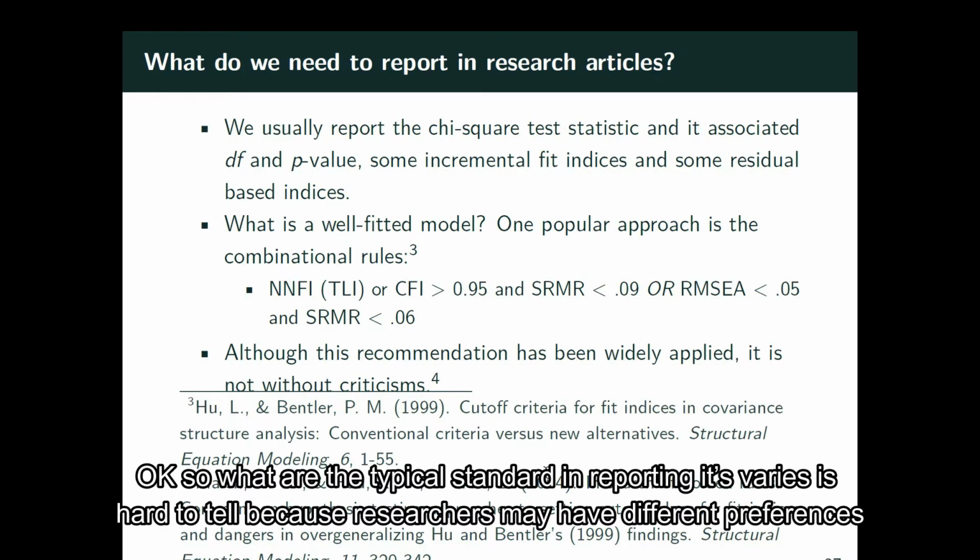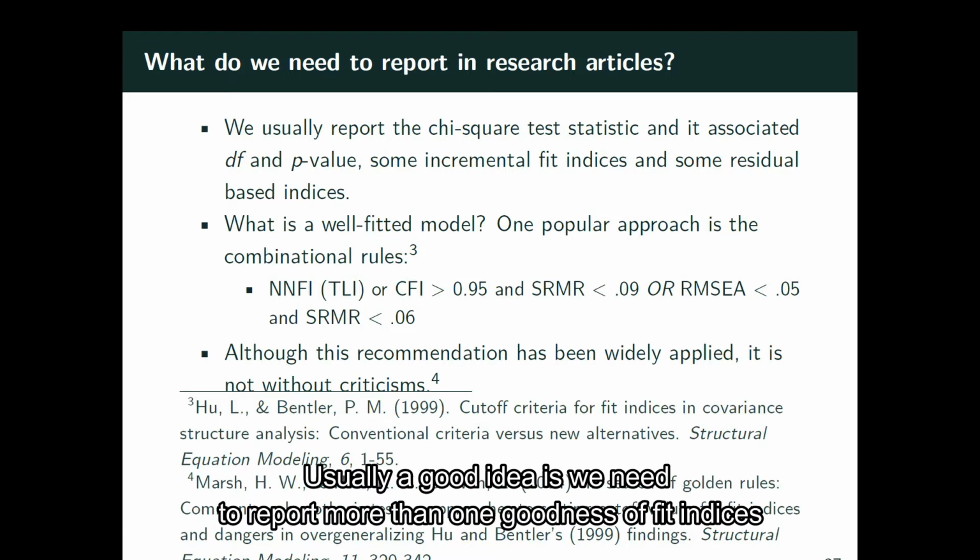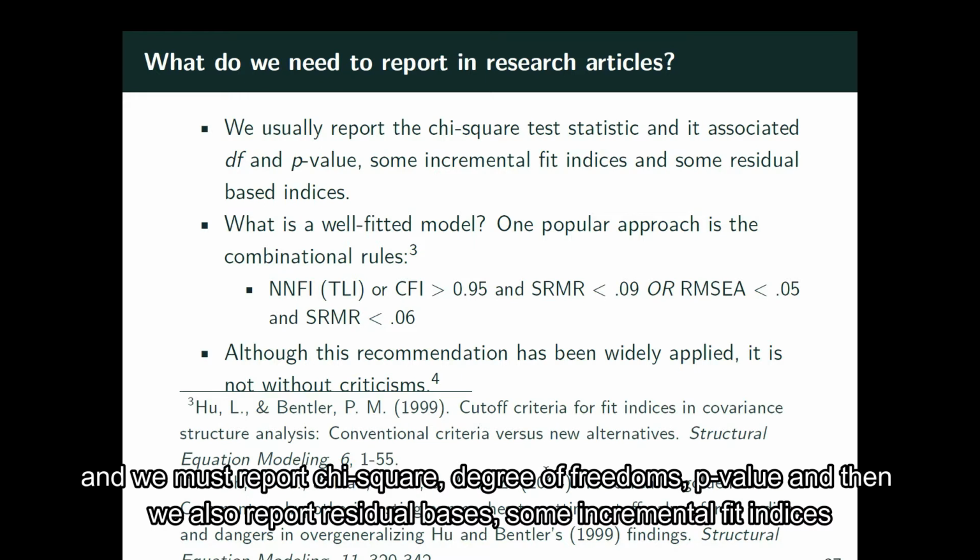So what are the typical standards in reporting? It varies, and it's hard to tell because different researchers may have different preferences. Usually a good idea is to report more than one goodness of fit index, and we must report chi-square, degrees of freedom, p-value, and then we also report some residual-based and some incremental fit indices.